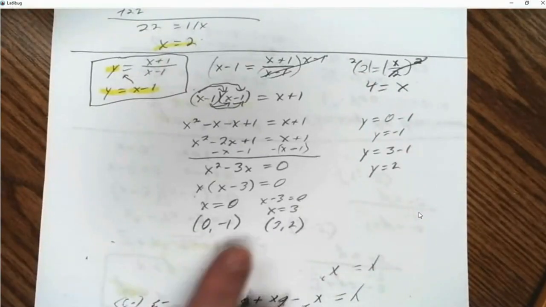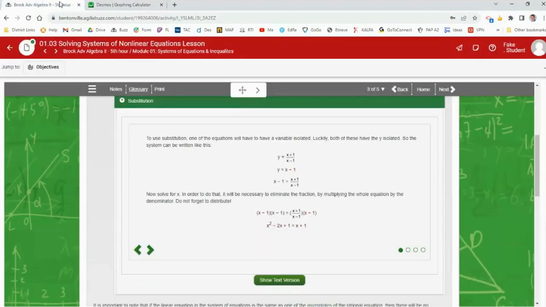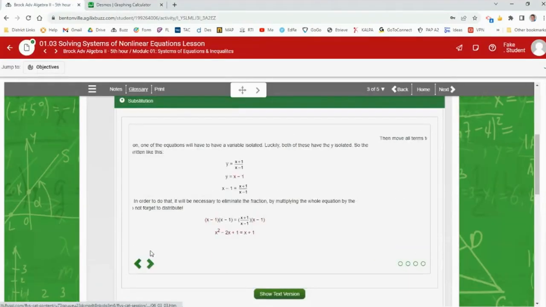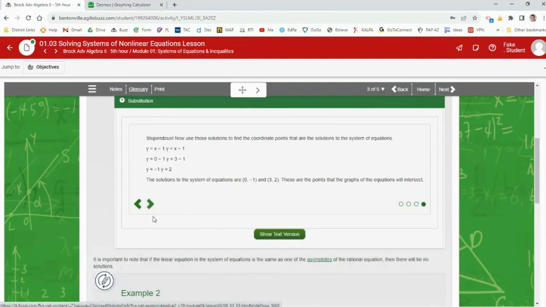We proved it graphically that our math is correct. As they work through it, let's get to their final answer over here. X equals 0. There it is. 0, negative 1, and 3, 2. That's the two that we had as well.